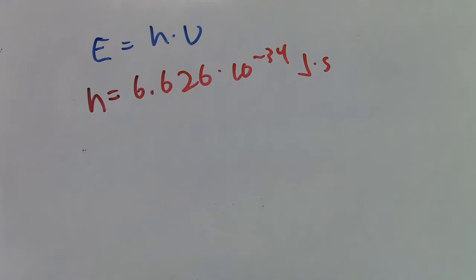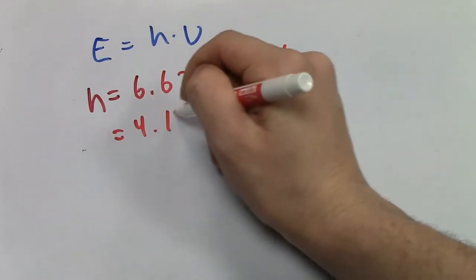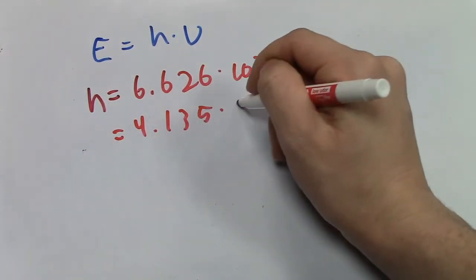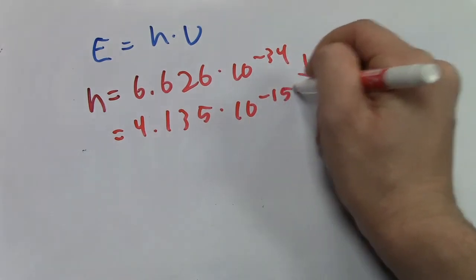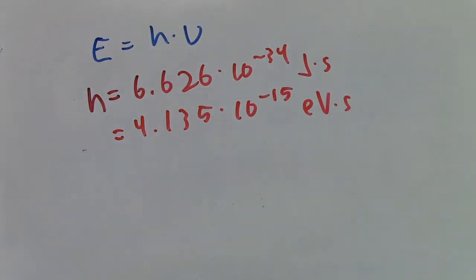Now, if we're only dealing with a few waves of light, then a joule is kind of a big unit to be measuring energy in. So, there's another form of Planck's constant, which is equal to 4.135 times 10 to the negative 15th electron volt seconds, with the electron volt being just another way to measure energy, albeit in smaller increments.